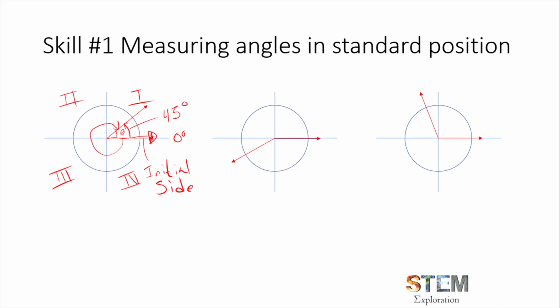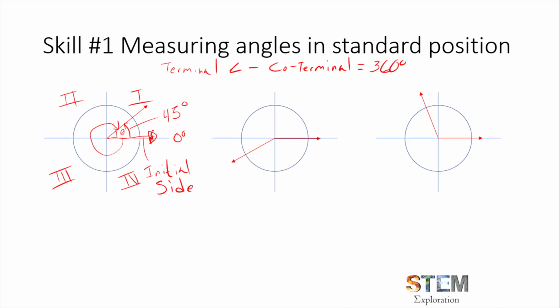If you want to find a coterminal angle, you just take the terminal angle and subtract the coterminal angle. If you take the terminal and subtract the coterminal, you should always get 360 degrees.